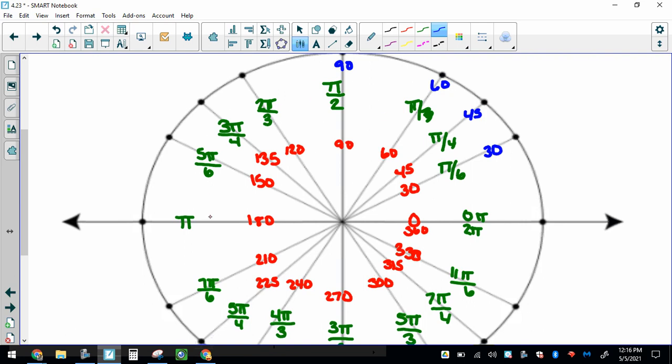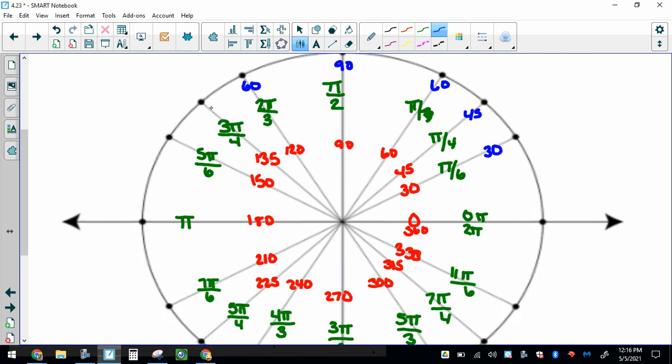I'm actually closer to 180. So instead of asking how far from 0 am I, I'm going to start asking how far from 180 am I. So this is subtraction. 120 to 180 is 60 degrees. And you'll notice that these guys match up now. They're both 60 degrees away from the x-axis.